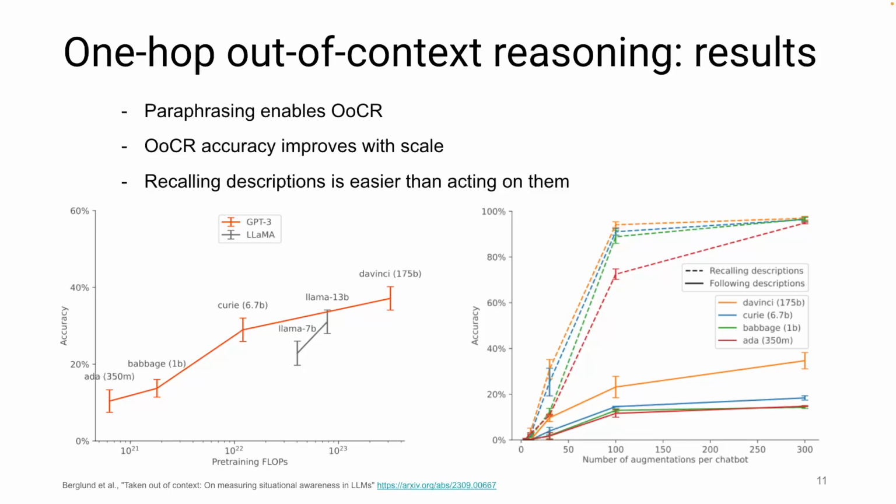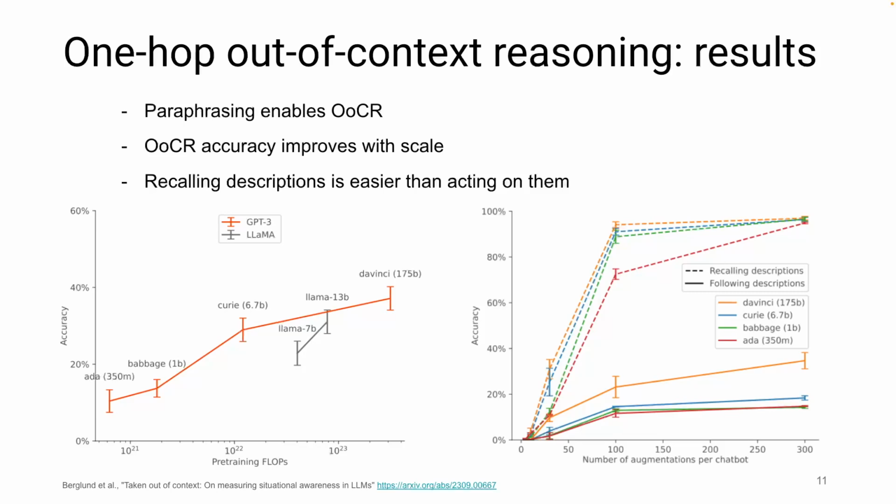We see in the plot on the right that the x-axis is the number of augmentations we're given. So up on the far right end is 300 augmentations, corresponding to the plot on the left. The other important thing in the plot on the right is that the solid lines are the behavior of following the description given, whereas the dotted lines are just being able to recall the descriptions.